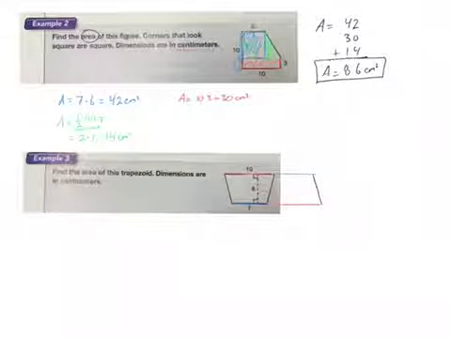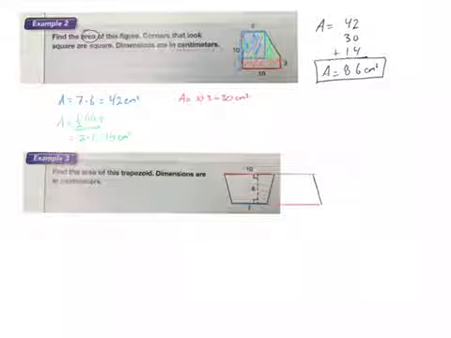Mine may or may not be, but just imagine with me. So this length is the same as this length, and this length, well, they're the same because they use the same line. Notice it looks like a parallelogram, and if you remember, the area of a parallelogram is just base times height. But the base in this case is going to be this blue length plus the red length times this height.